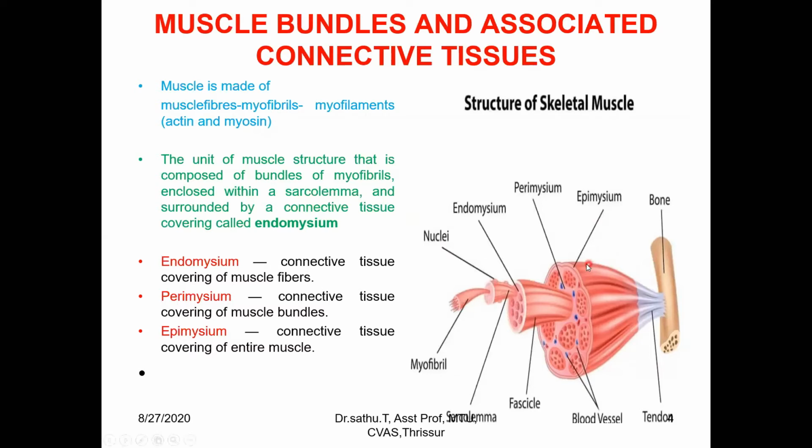The whole muscle is covered by the epimysium, and each muscle contains a large number of fasciculi, which are surrounded by the perimysium. Each muscle fiber or muscle cell is surrounded by the endomysium. Inside the endomysium is the sarcolemma.